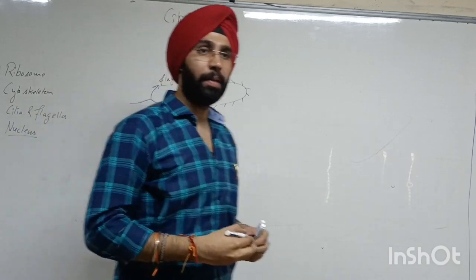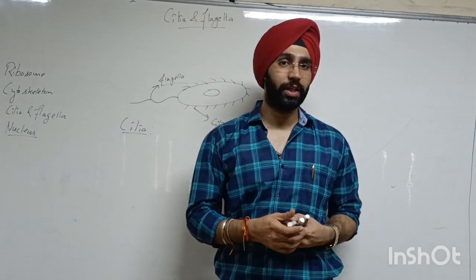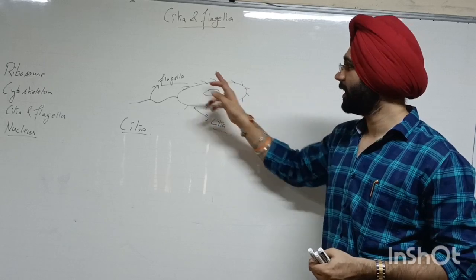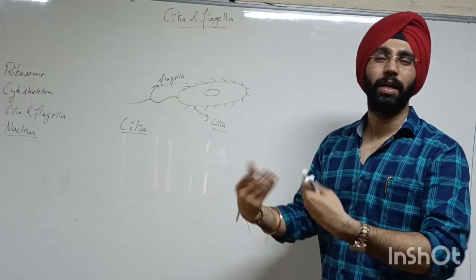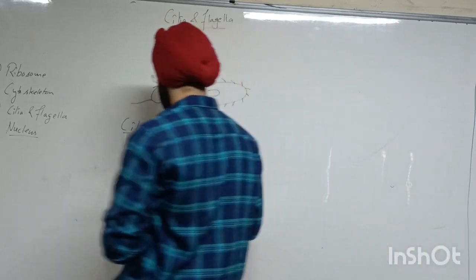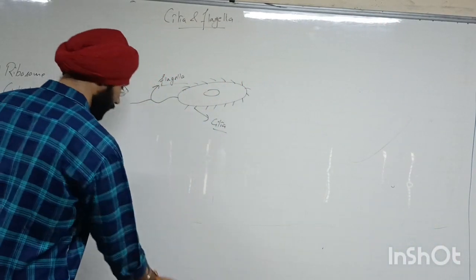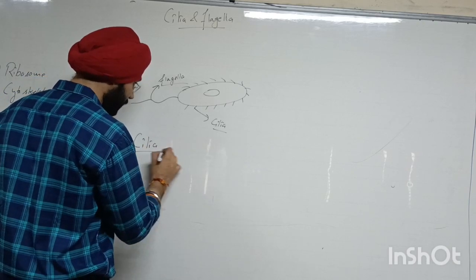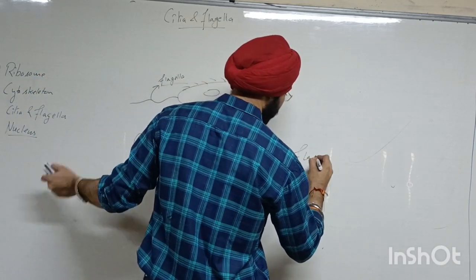Both these are meant for locomotion. Like bacteria, if he wants to go somewhere, then he must have one flagella or can have cilia. Cilia are short, so I must write like this: cilia, flagella.